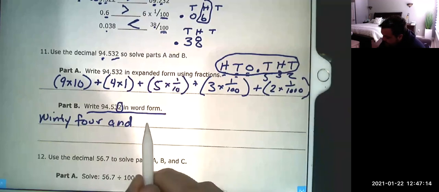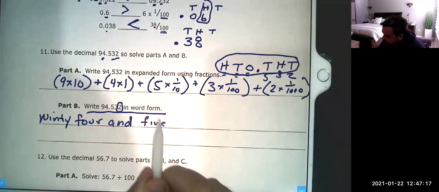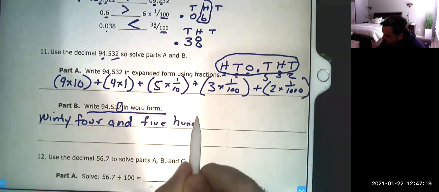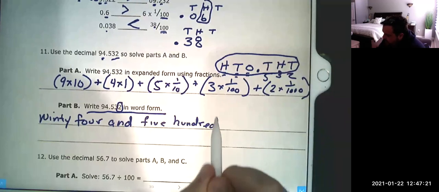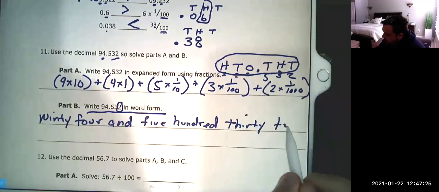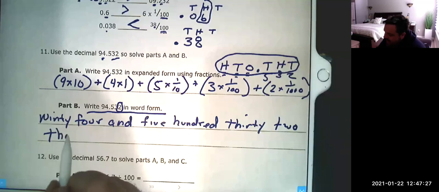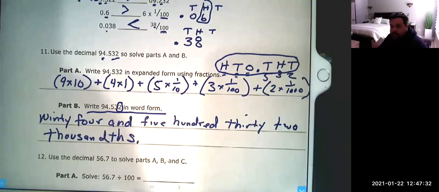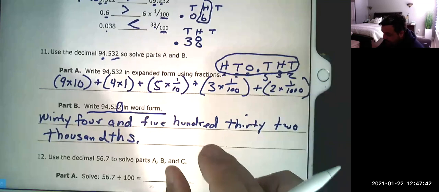So we would say it like that. 532 thousandths. So you just have to focus on this last number that shows up there, okay? And we'll talk more about this. We didn't talk a lot about expanding it before we did this. We just wanted to see what you guys knew.